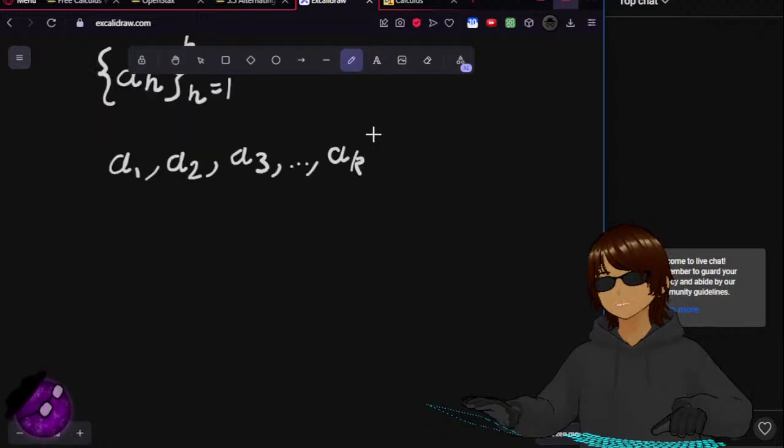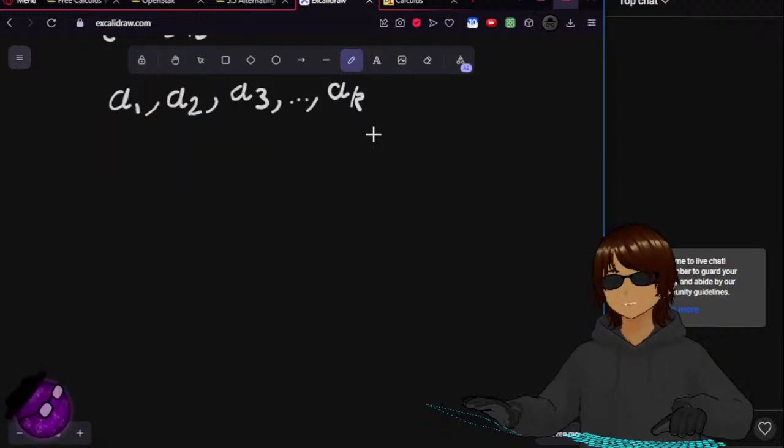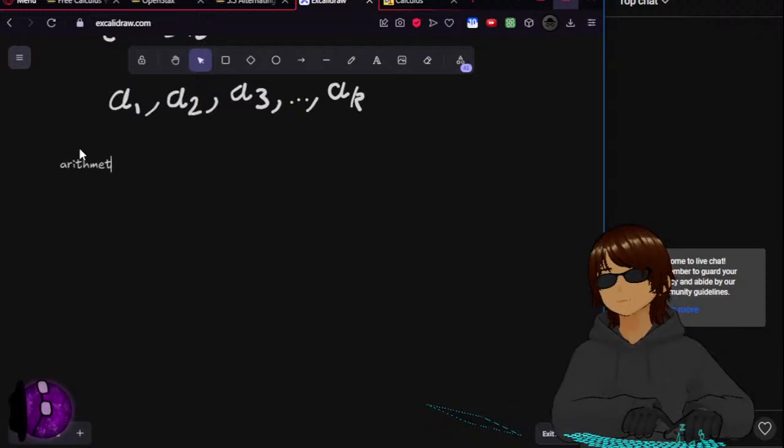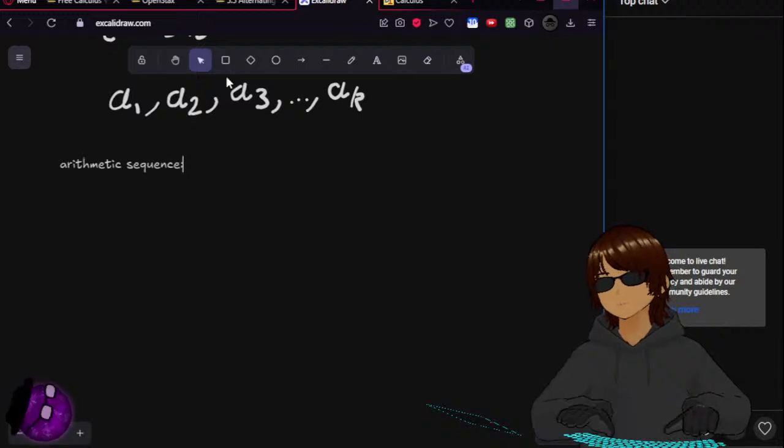Now, there are two special types of sequences. One is the arithmetic sequence. So there's a term, let's say 3, and then the next term is 3 plus some constant number.